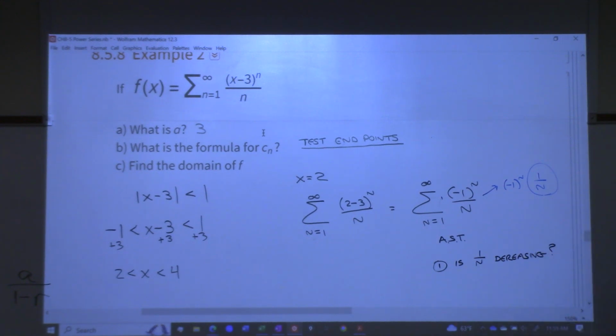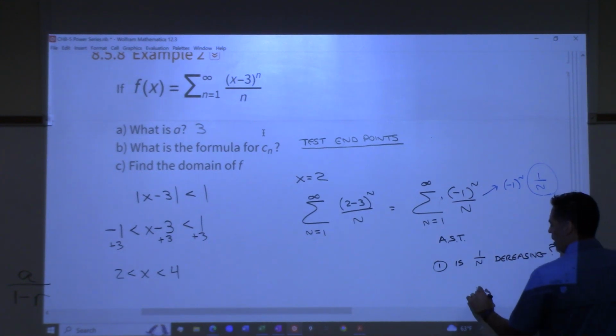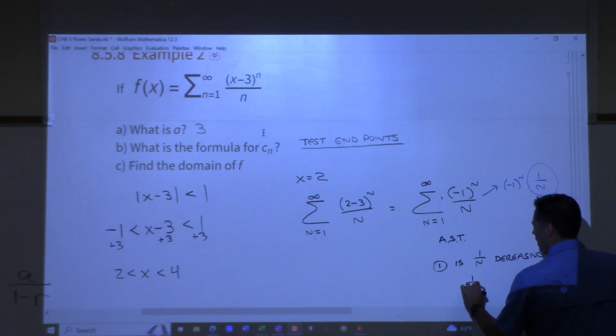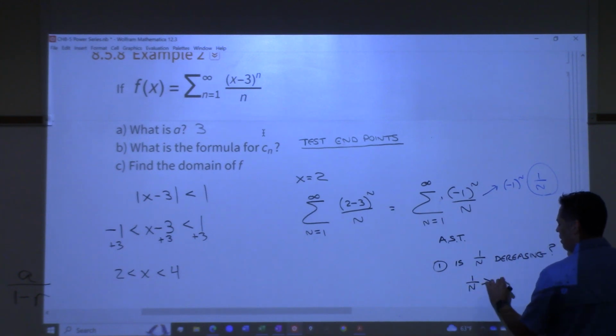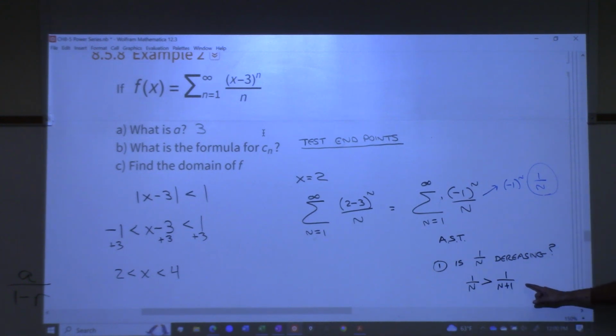Is it decreasing? That means when I plug in n, is that bigger than when I plug in n plus 1? Look, we've done this before. This was last week, so I can't spend too much time running the alternating series test again, going through all the details. But I'm running the test, cross multiply, whatever, I get n plus 1 is greater than n, and that's true. So it is decreasing.